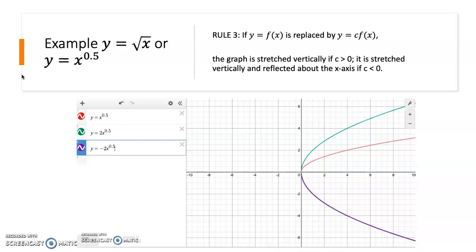And the effect is the graph is stretched vertically for c greater than 0, as shown by the green line. You compare it with the original red line. It is stretched vertically and reflected about the x-axis if c is smaller than 0, as shown by the purple line compared with the red line.